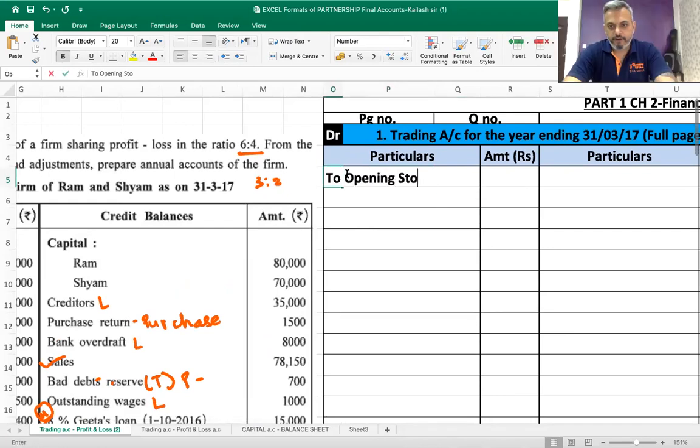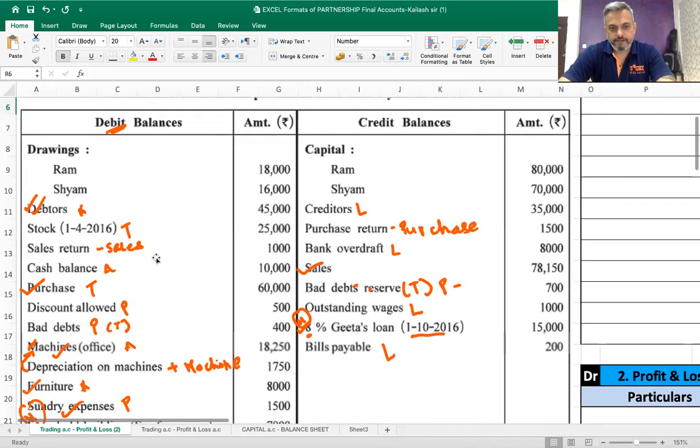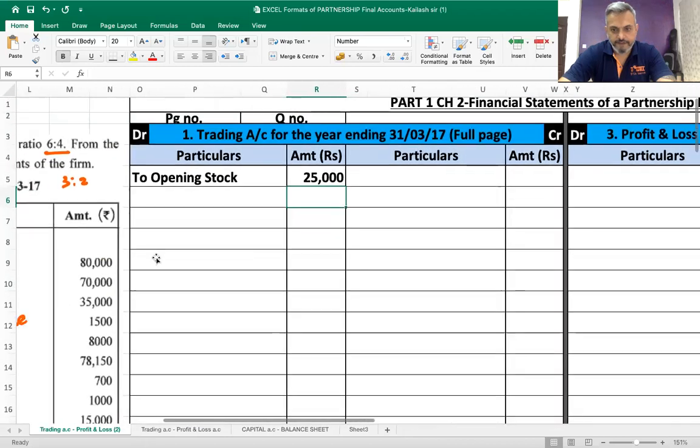To opening stock, amount is 25,000. Sales return, so it will be deducted from sales. Sales is 78,150.